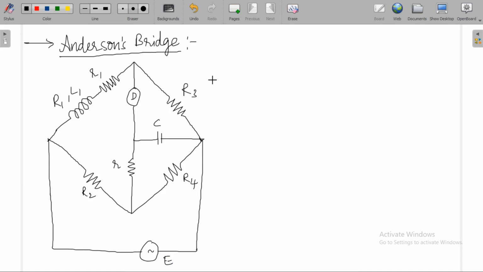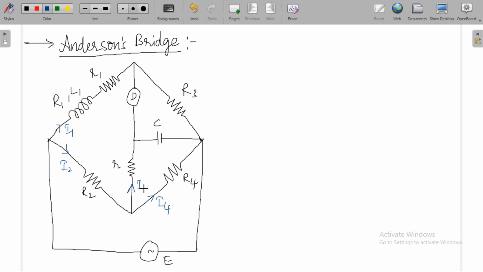This small r1 is the resistance connected in series with this self inductor. Now let I2 be the current flowing into this, I1 the current flowing into this, I4 the current flowing into this.